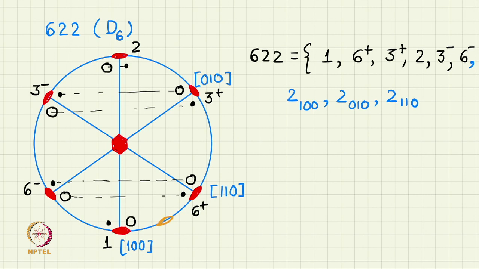You have another twofold there. I am using a different color to emphasize this. This is also a twofold, because you can see that this relates this pair of points and this pair of points, and similarly other pairs. I do not want to clutter my diagram by drawing more lines, but you can verify.